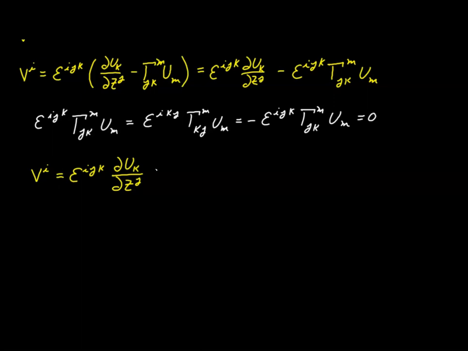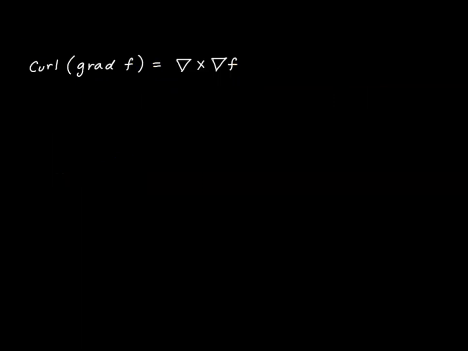All right, let's move on and derive a couple of really important identities involving the curl. Let's start by evaluating the curl of the gradient. Well, the curl is going to be v^i, which, according to our simplified definition, is epsilon^ijk times the partial derivative with respect to z^j of the covariant vector component of our object.